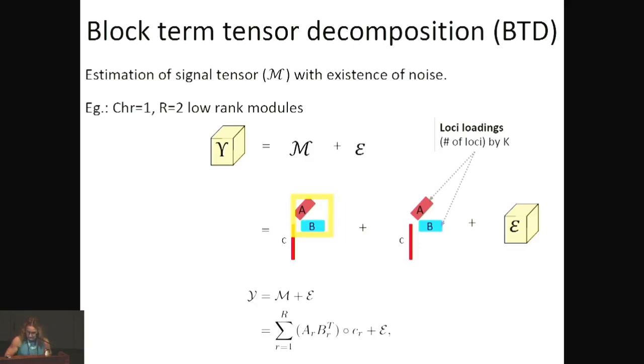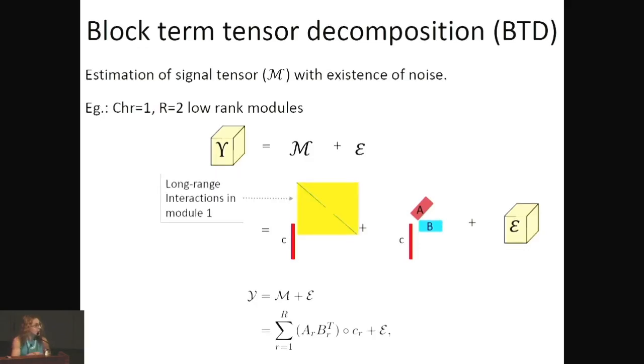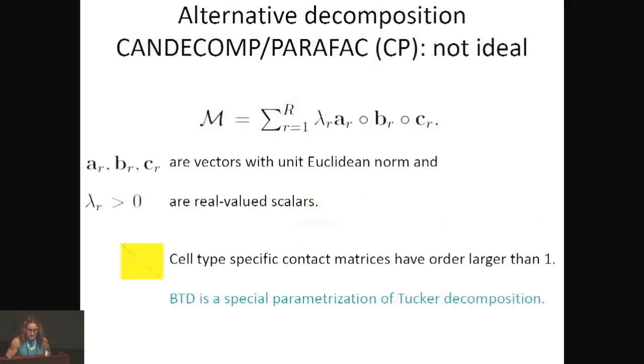And in this context, these loci loadings ideally should capture the cell type specific contact matrices, cell type specific interactions.